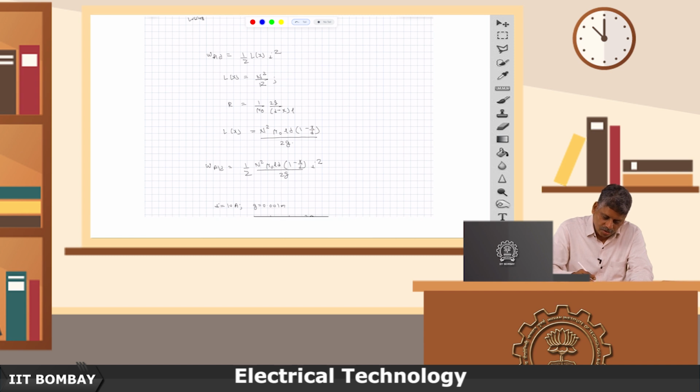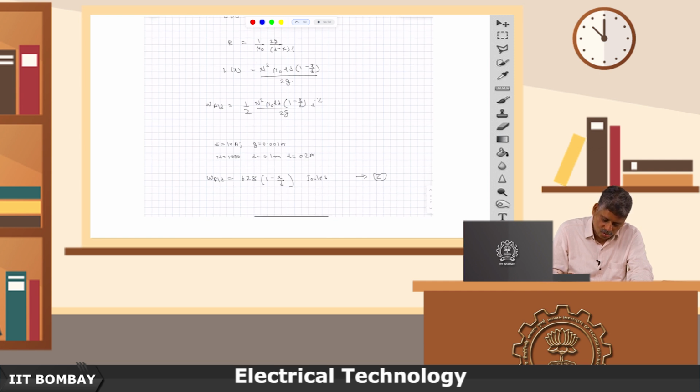Then substituting this into half of L of x times I squared, the field energy will become half of N squared mu 0 L d (1 minus x by d) divided by 2G, times I squared. This is the field energy which is stored.